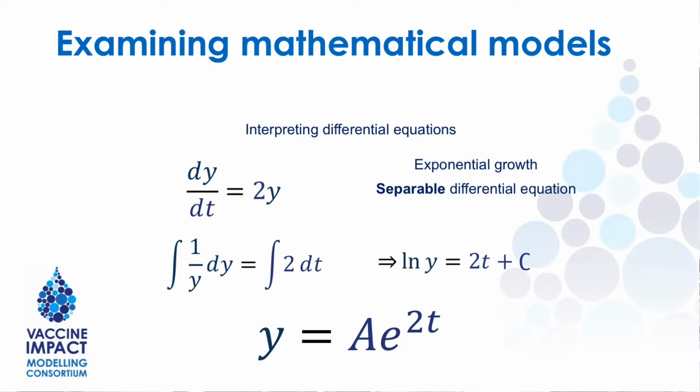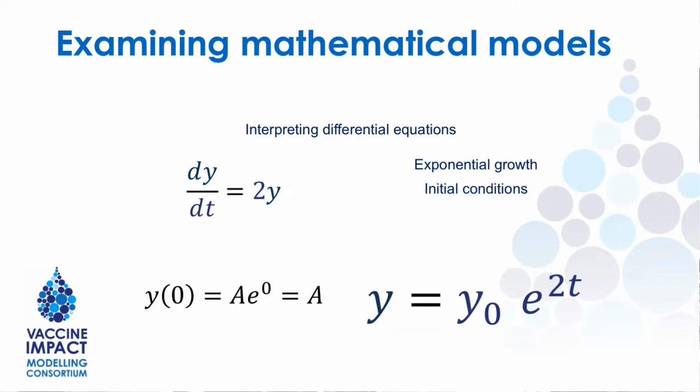We're going to say we know what the initial condition was when t equals 0. So if we put t equals 0 in, we get e to the 2 times 0. That's here. E to the 0 is 1. That's one of our rules. So our a is just whatever our initial condition was. So we've solved for our constant. And that means we've got our final equation for y, the number of ducks, in terms of time.